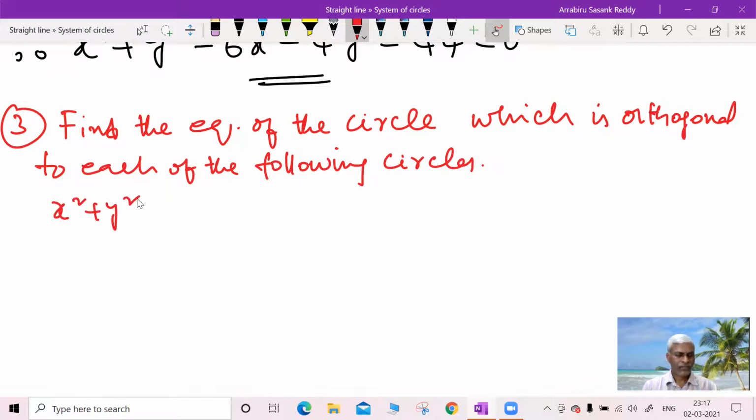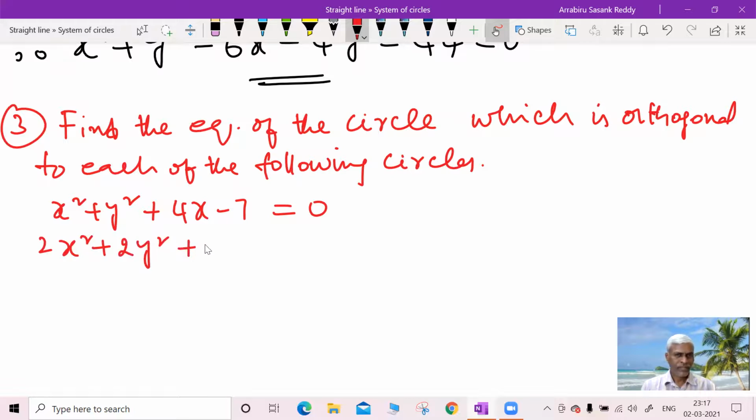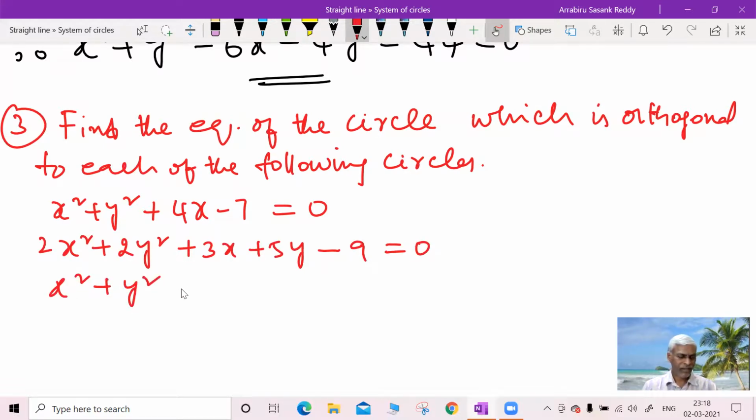X square plus y square plus 4x minus 7, 2x square plus 2y square plus 3x plus 5y minus 9, x square plus y square plus y is equal to 0.